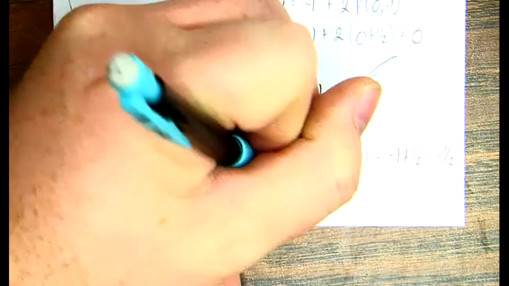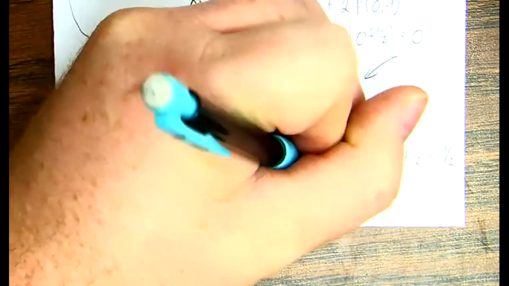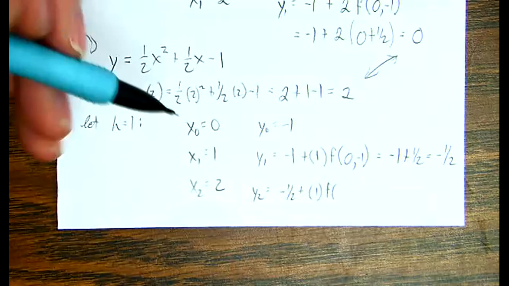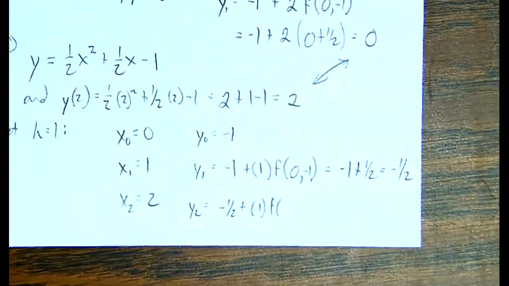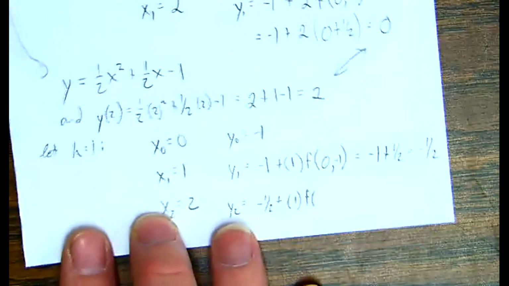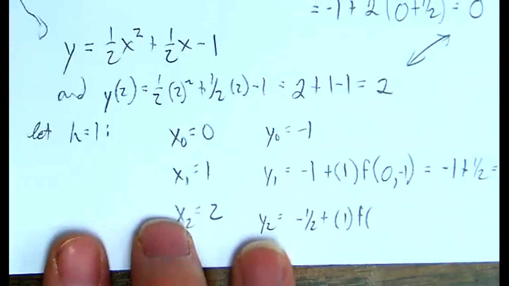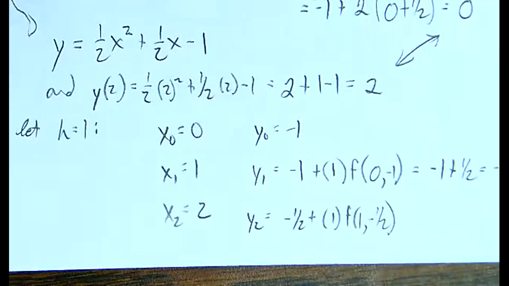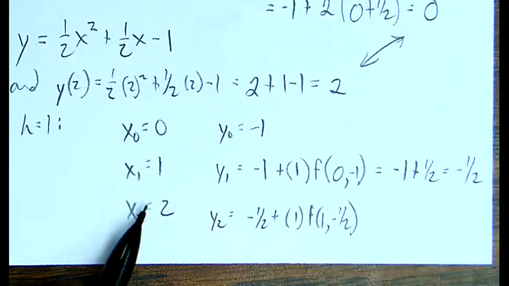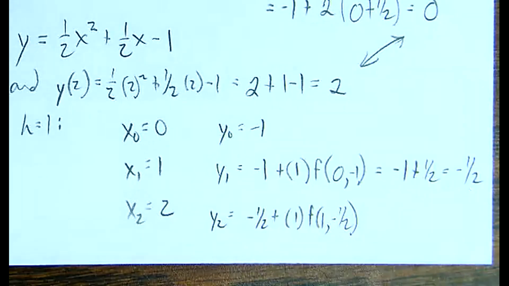y2 then is going to be -1/2 plus 1 times f of the previous point now. So I'm trying to make that a little bit more legible. All right, the previous point is now 1, -1/2. x1 is 1, y1 is -1/2.